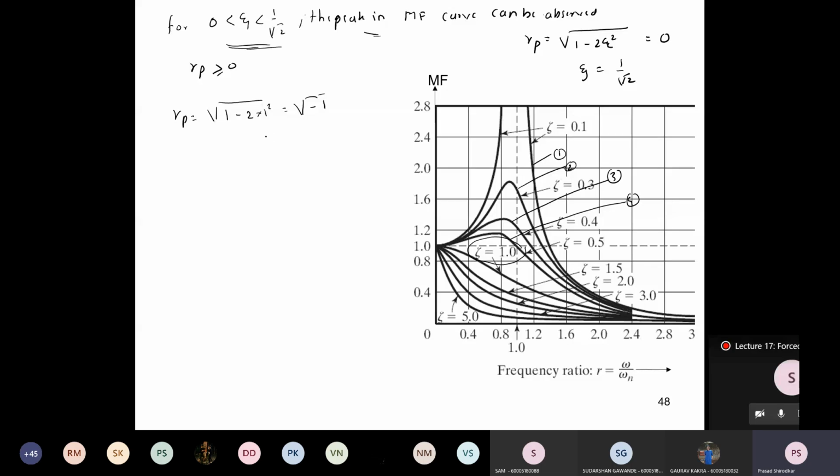So when zeta is greater than 1 by root 2, this term becomes complex. The peak frequency ratio term becomes complex. As soon as the peak frequency ratio starts to become complex, the peaks disappear and the magnification factor curve decreases monotonically.